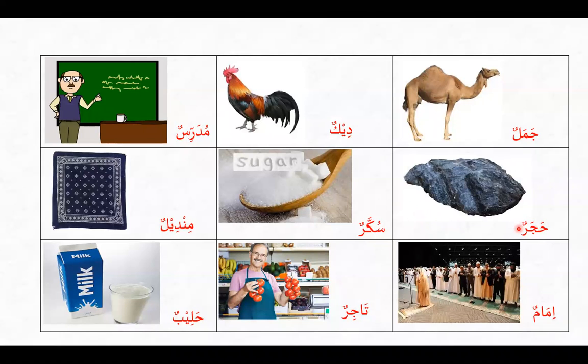So we can say أهذا حجر, is this a stone? هل هذا تاجر, is this a merchant? So we are applying a or hal in front of the statement, and it becomes a question. What are those two things? I write it here again.